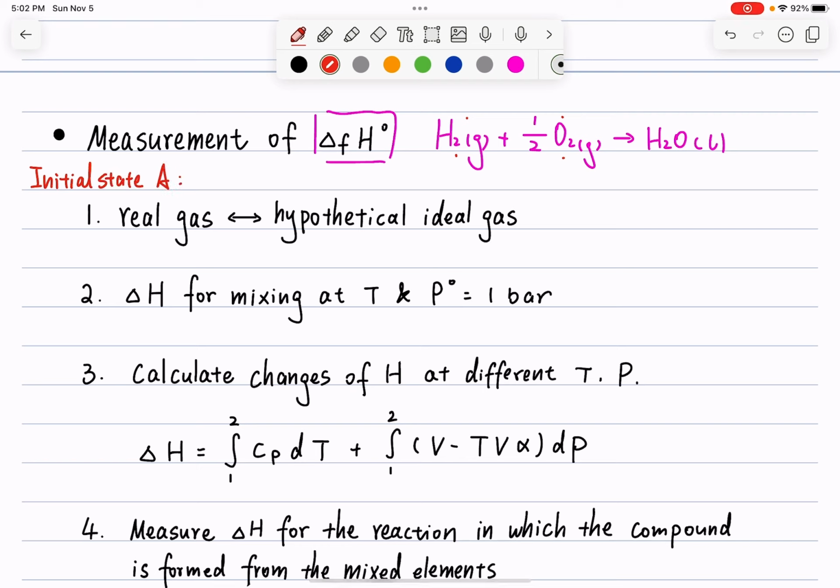Let's just say our initial state is my H2 gas and 1/2 of O2 gas in their reference state, meaning they're ideal, at a certain temperature, and at my standard pressure, which is 1 bar, and they're separate.